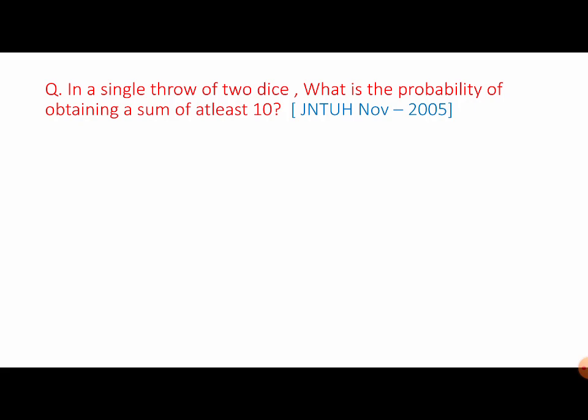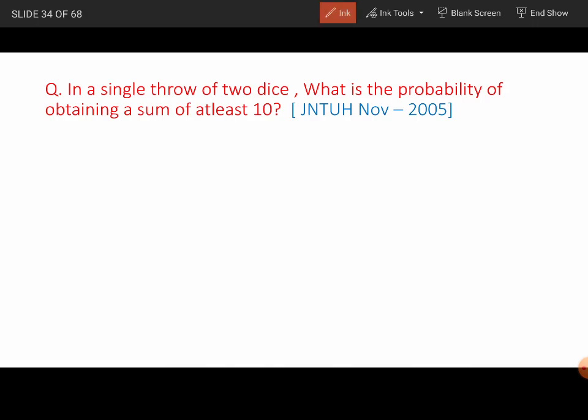Next. In a single throw of 2 dice, what is the probability of obtaining a sum of at least 10? What do you mean by at least 10?